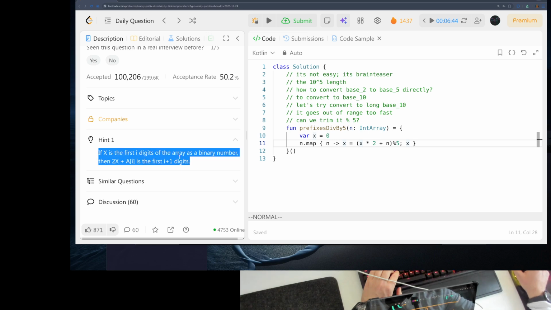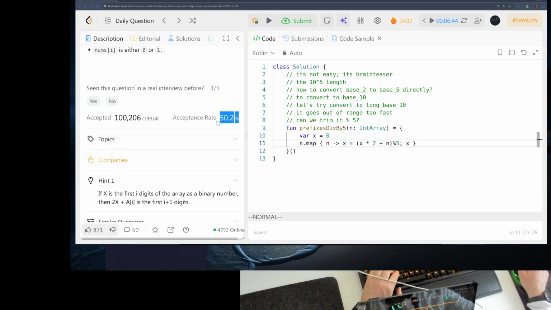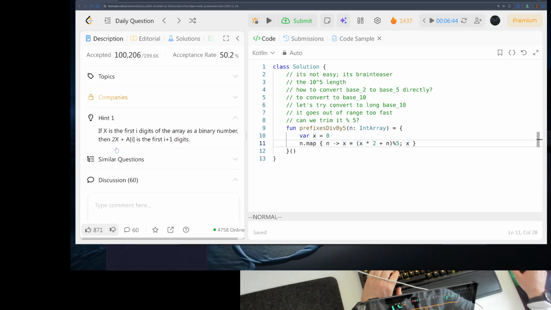It's kind of not trivial, and the acceptance rate is pretty low for an easy problem.